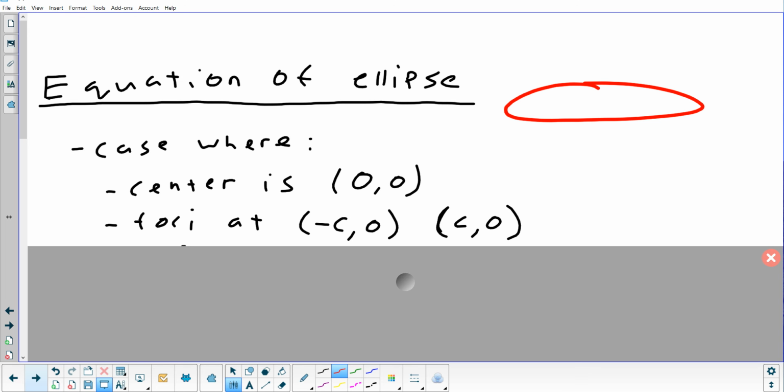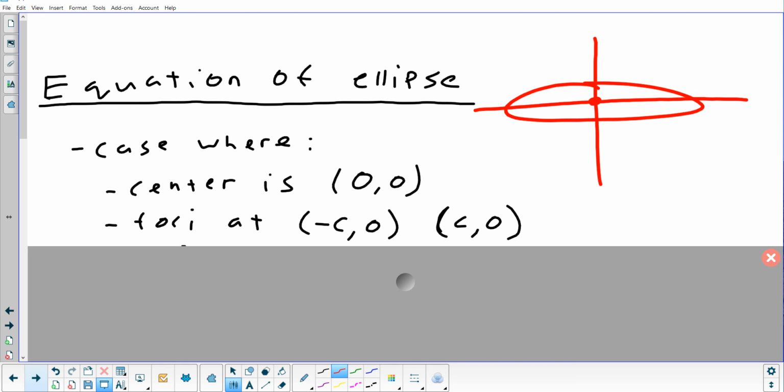And there's three letters that are going to be very important. A, B, and C. And I'm going to tell you what each letter means. C tells you the coordinates of the foci. In other words, this is your ellipse.